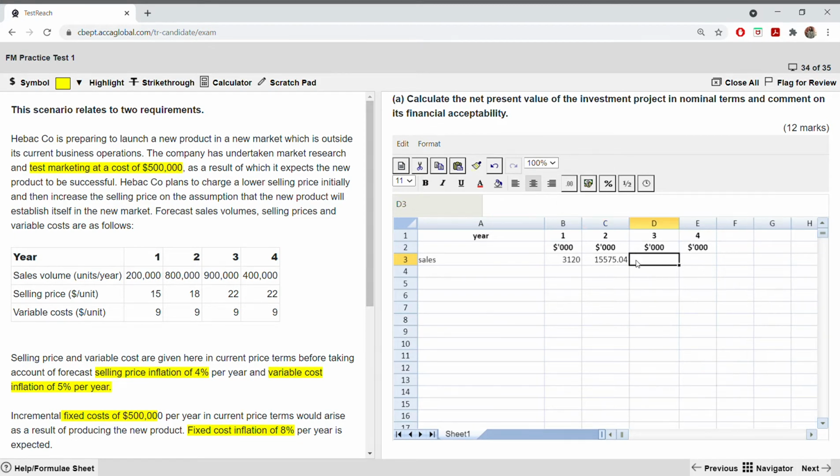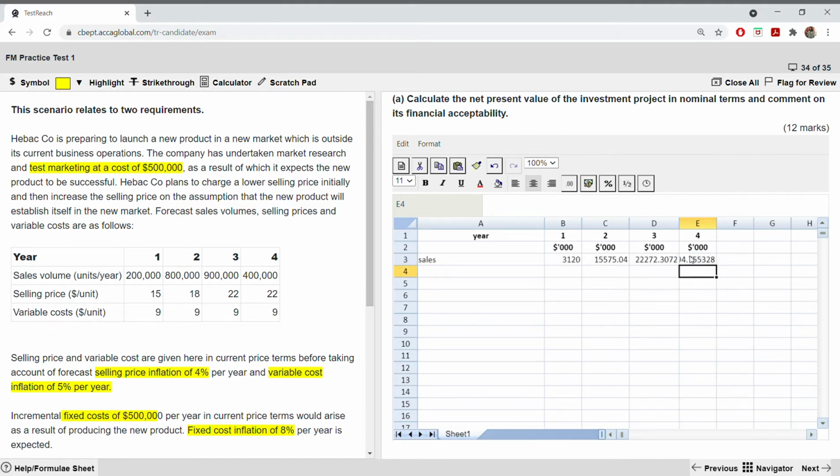Next equal to 900 multiplied by 22. This time 1.04 to the power 3 because third year, because they told inflation will be per year. Okay. Next we have equal to 400 multiplied by 22 multiplied by 1.04 to the power 4.